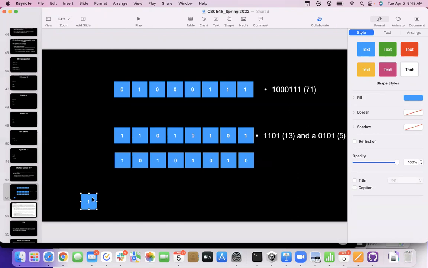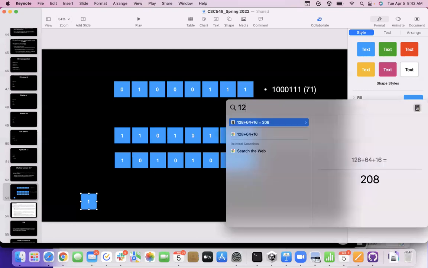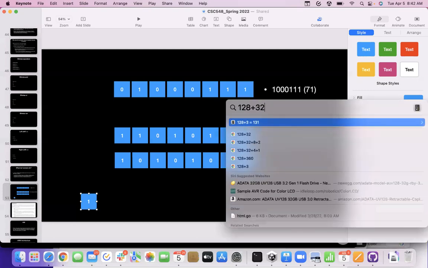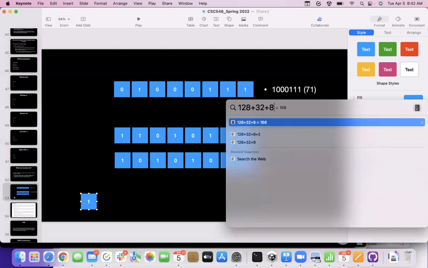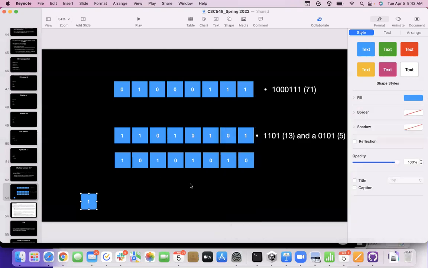If we read from this register again, this is the 128 plus 32 plus 8, which gives me 168. This is 170 now.